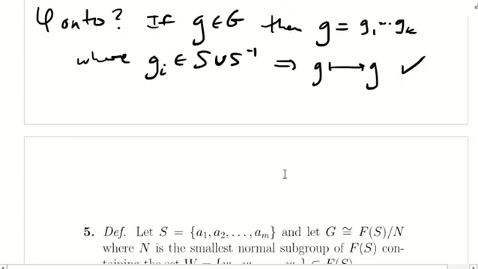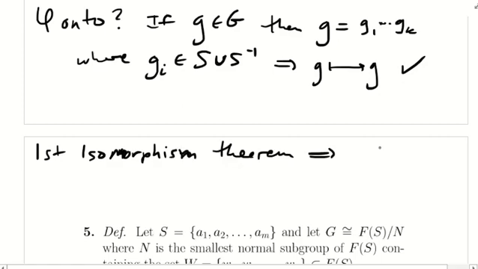All right. So who cares, right? But this is, once again, another application of the first isomorphism theorem. It implies that the image of our mapping, our homomorphism, is G, all right, that's the image.